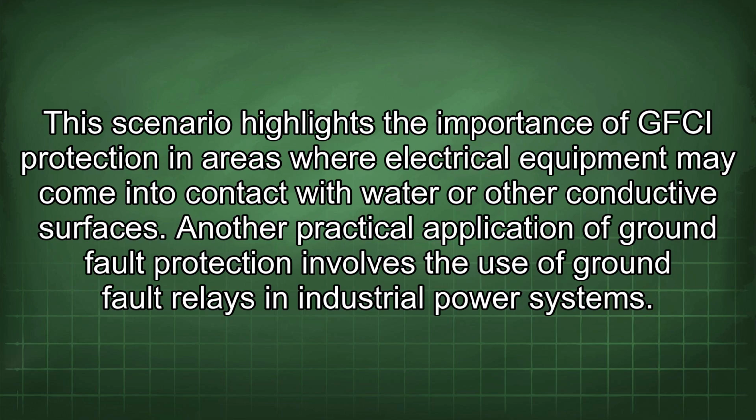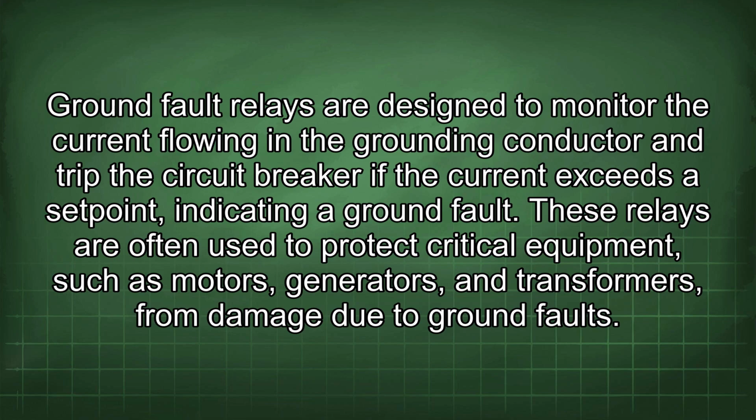other conductive surfaces. Another practical application of ground fault protection involves the use of ground fault relays in industrial power systems. Ground fault relays are designed to monitor the current flowing in the grounding conductor and trip the circuit breaker if the current exceeds a set point, indicating a ground fault. These relays are often used to protect critical equipment, such as motors, generators, and transformers, from damage due to ground faults.